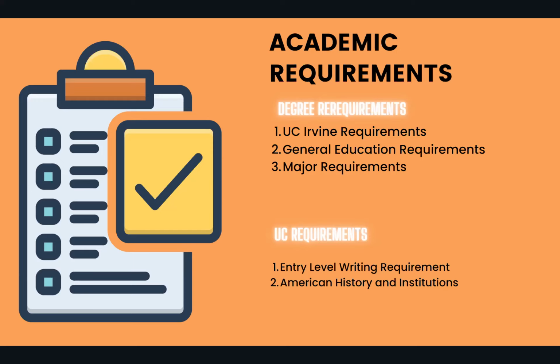You may have this completed through your coursework in high school. If you took a US history and a US government course in high school and you earned at least a C grade, then that will fulfill the US history and government requirement.